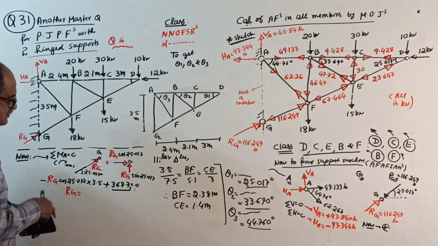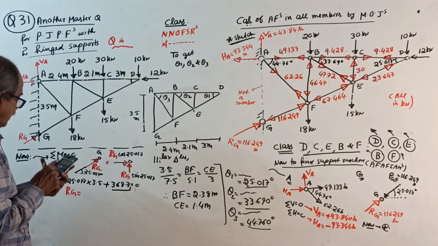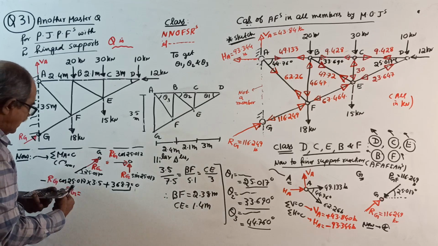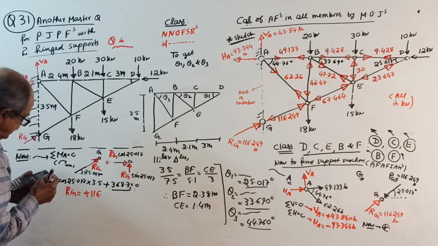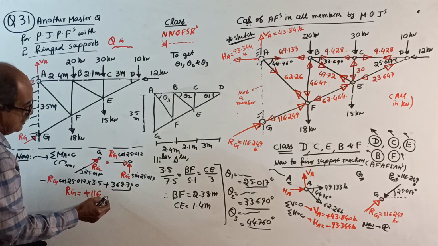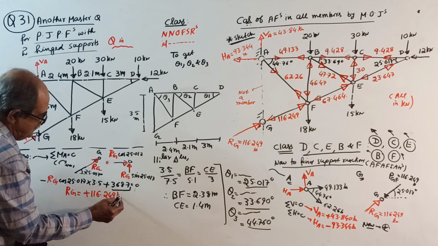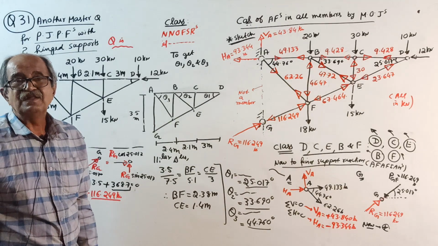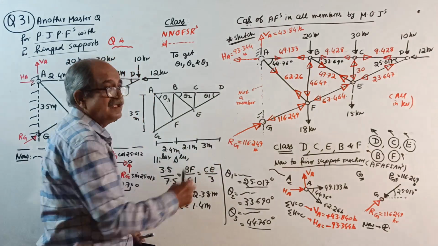Rg will come 368.7 divided by 3.5 divided by cos 25.017. That is 116.249. Abba, what a see. Someone told in the class long back, sir, this is out of this world. Why? Such a beautifully tallying.